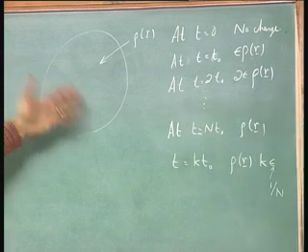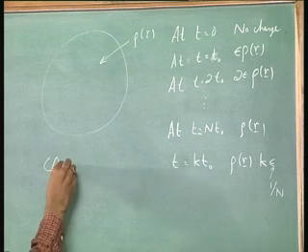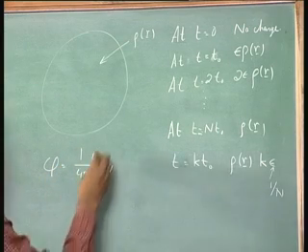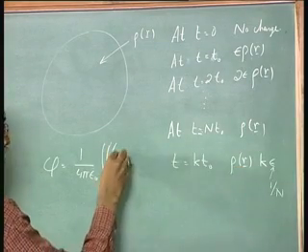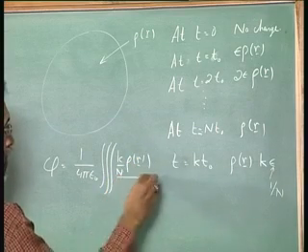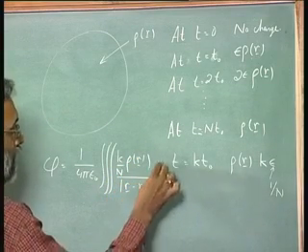So, what is the potential due to this rho? Well, we know the potential. Potential is 1 over 4 pi epsilon naught volume integral k over n rho of r prime over r minus r prime dV.